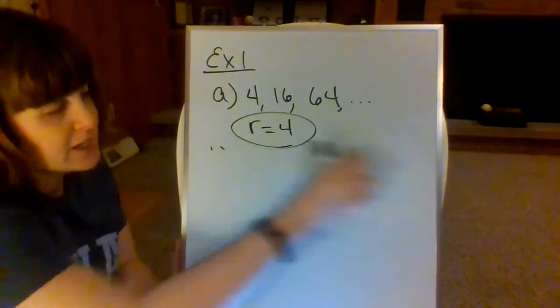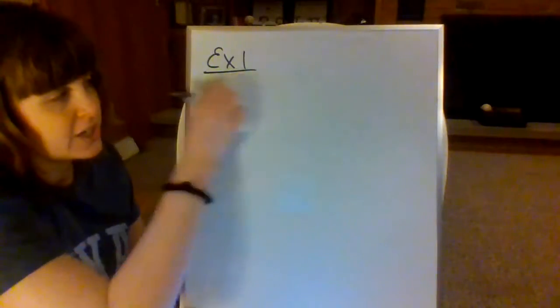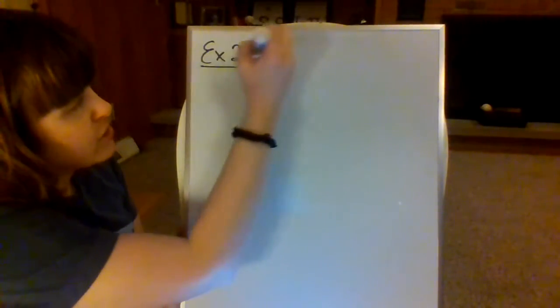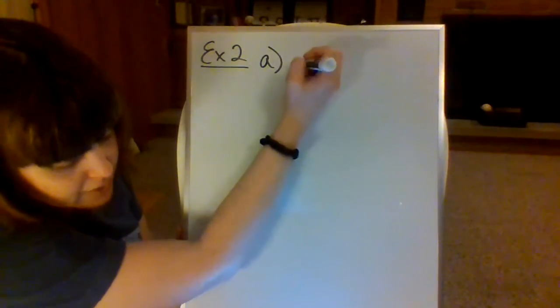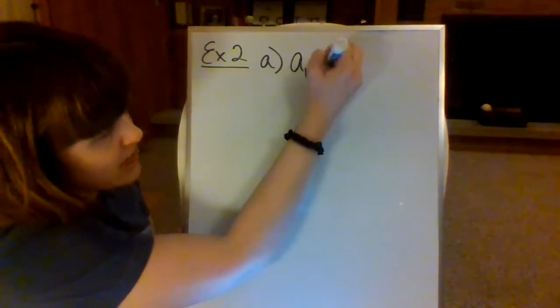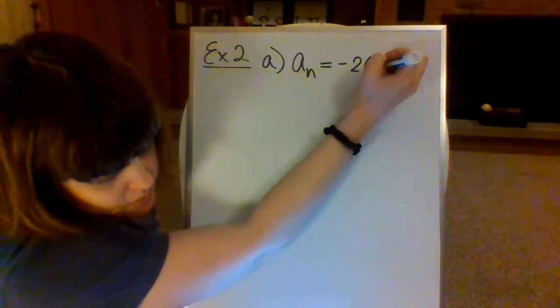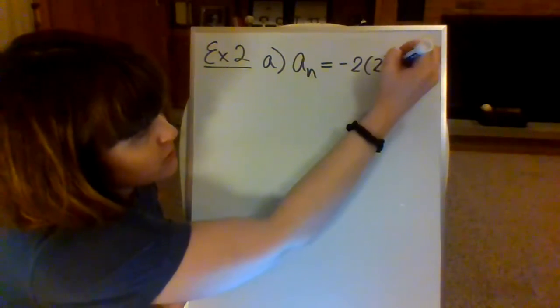Alright, next you're going to be given a formula, and you're going to have to find the first 3 terms. So you're going to have to plug in the numbers 1, 2, and 3 into the formula and get the first 3 numbers. Okay. So example 2, part A, we have the formula A_n equals -2 times 2 to the n minus 1.